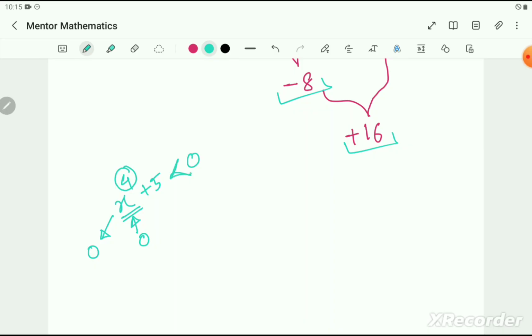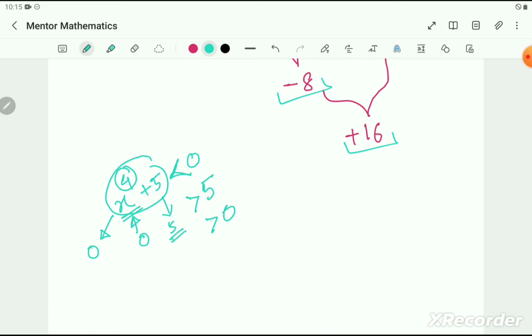Therefore it's not less than 0, it's always greater than 0. If x is 0, the value of this expression is 5, so the minimum value is 5.